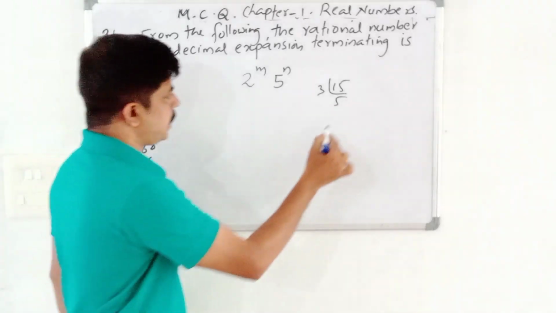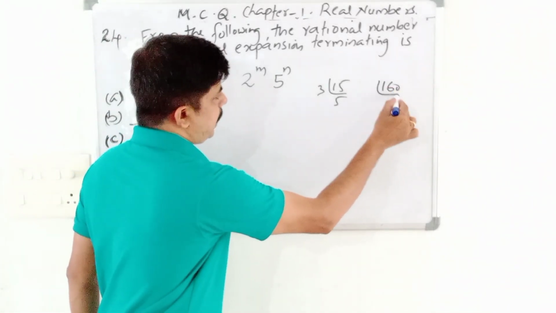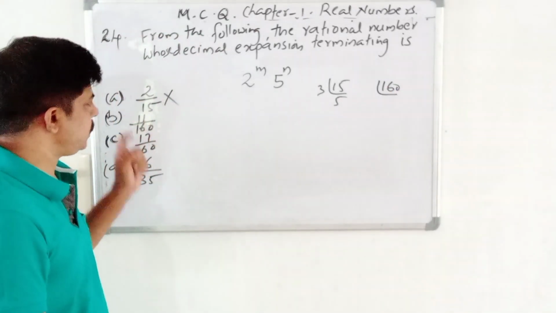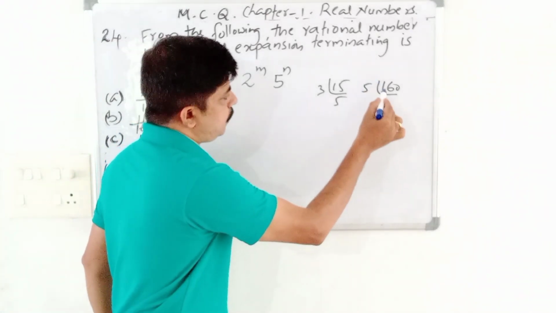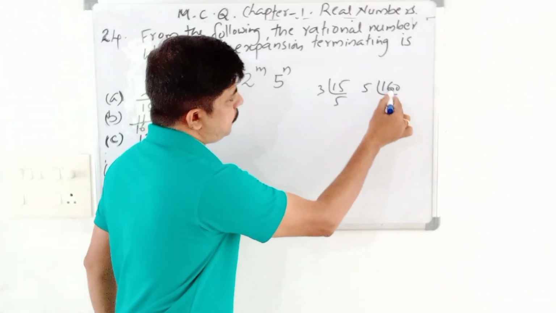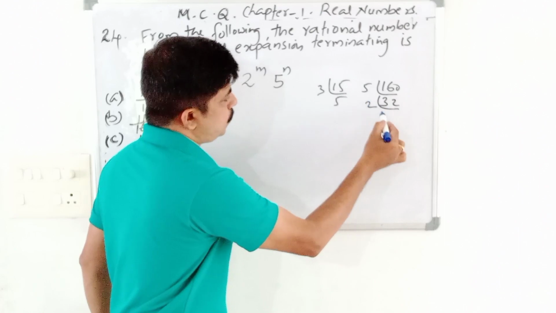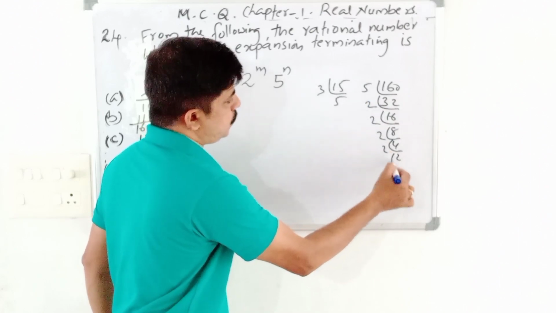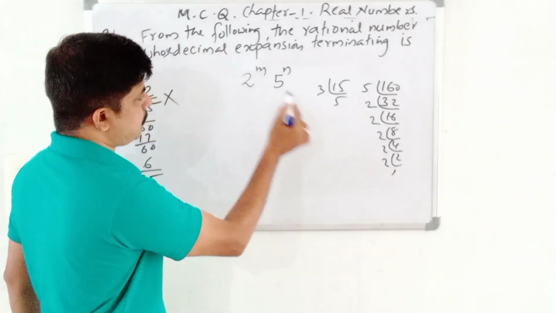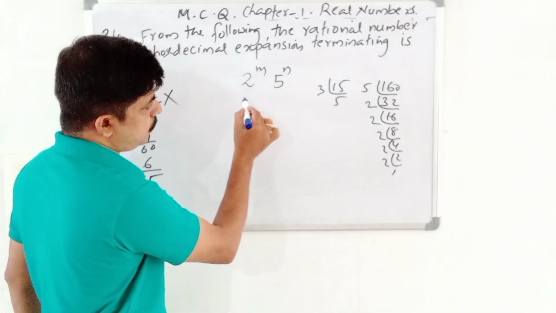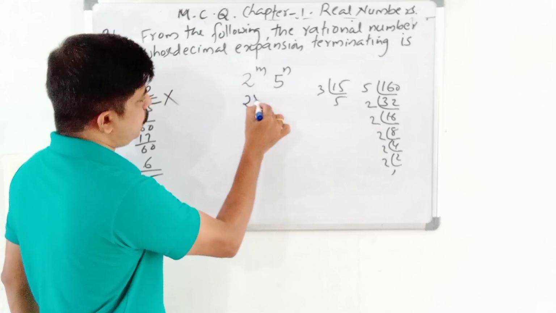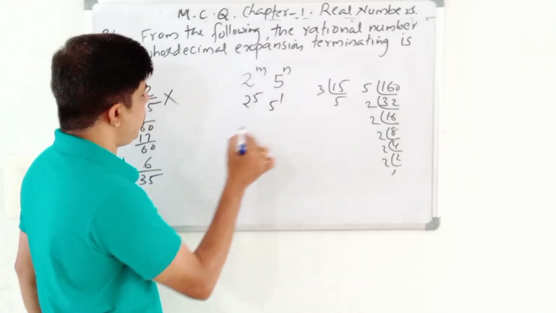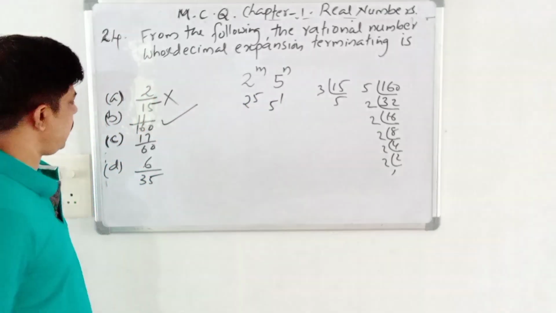Now the second one, we have 160. We have to factorize only q. Q is 160. We know 5 three times 15, 10 is 5 2, 16 is 2 8, 2 4, 2 2, 2 1. This can be expressed of the form 2 raised to 5 raised to 1. I think this is a terminating decimal.